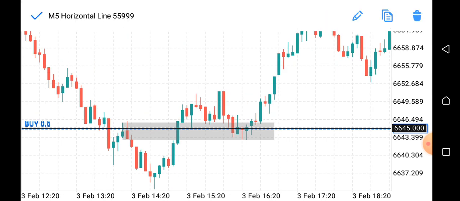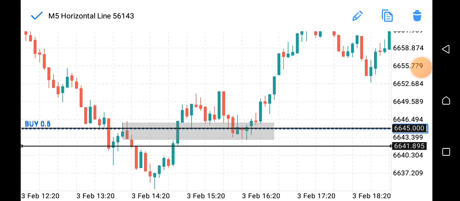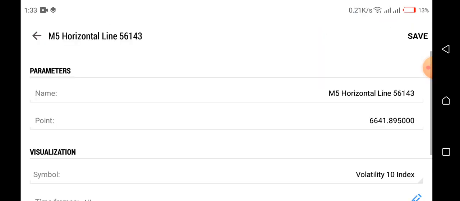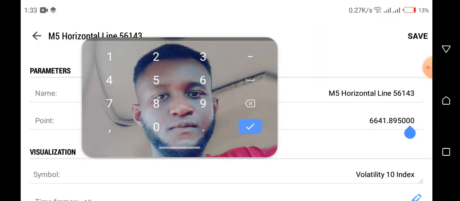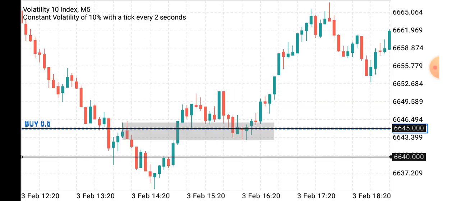I can go ahead and add another one, but I believe you all understand what I'm saying now. This one is going to be what? 6640. Clear these numbers. You see?